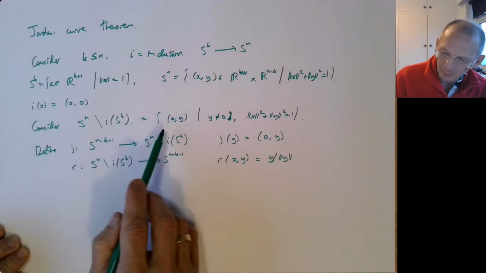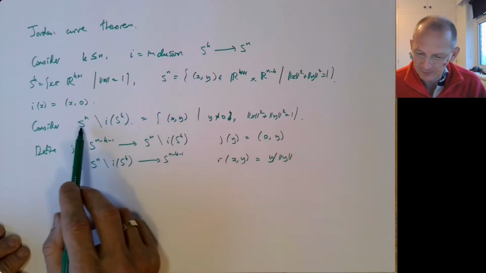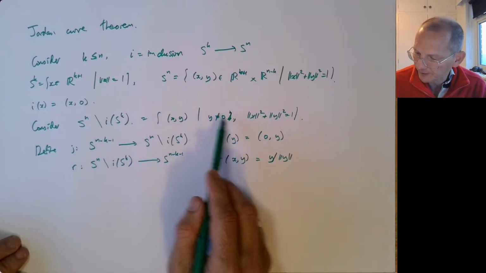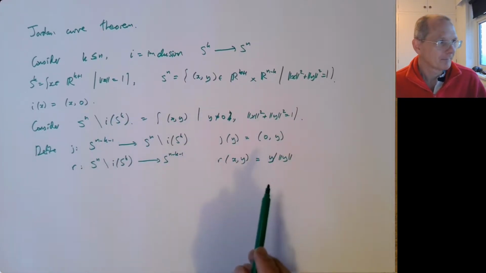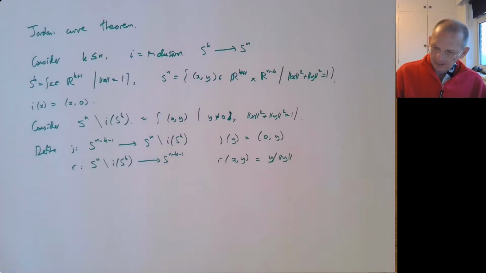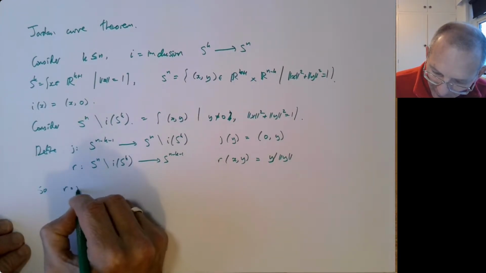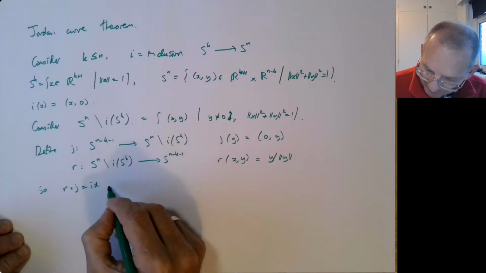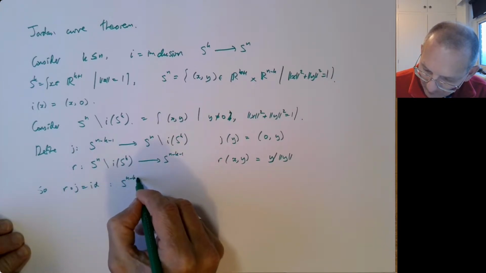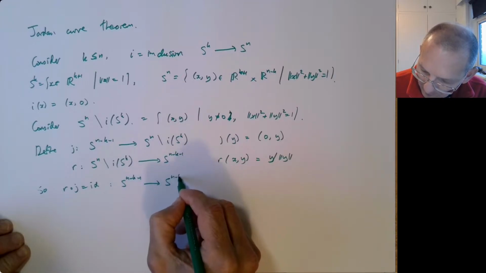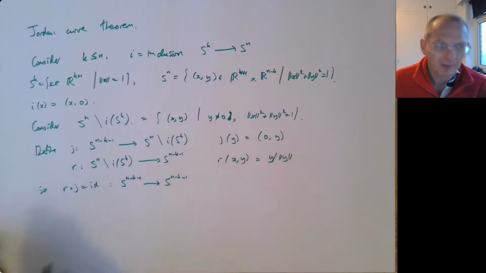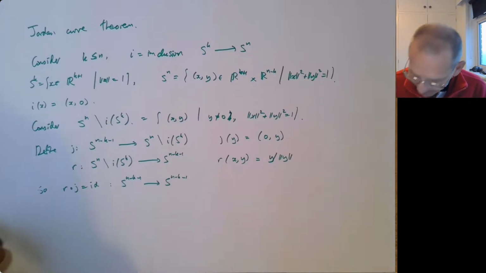If we've got some pair (x, y) in the complement of I(S^k), so y is non-zero, it's meaningful to normalize it like this. And so we find that r composed with j is equal to the identity. And j composed with r is not the identity, but we do have a homotopy.